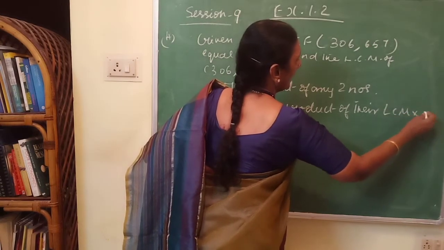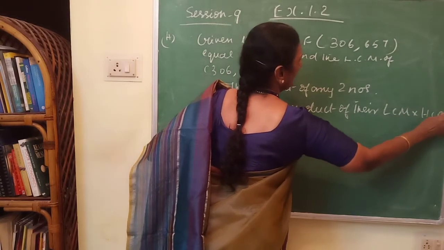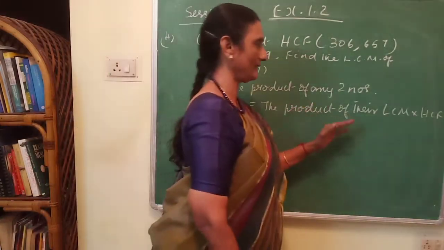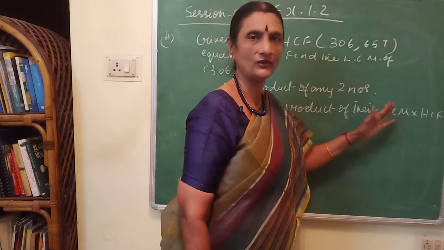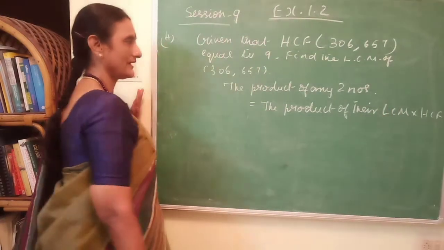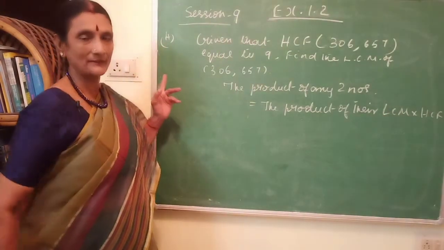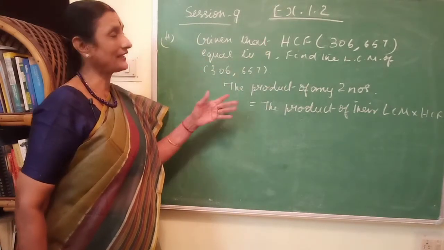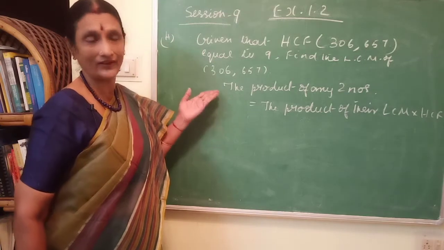That is, the product of the two numbers is equal to the product of their LCM into HCF. That we will write. Now here the fourth sum is using this property, you have to do that. You can even verify this, which was studied in your earlier classes.